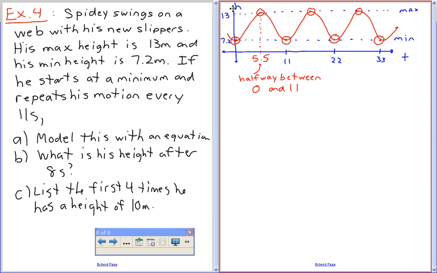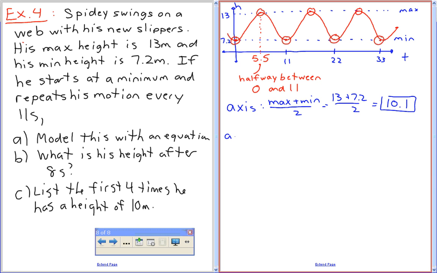Axis is going to be what? So this is max plus min over 2, which is 13 plus 7.2 over 2, which is in fact 10.1. Hey, Lucy, can you give me the amplitude, please?